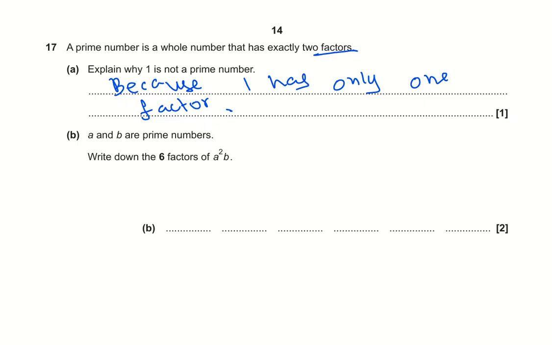Okay, let's take the next question. It says A and B are prime numbers. Write down the 6 factors of A squared B. So it can be A squared and B. It can be A, B, okay?